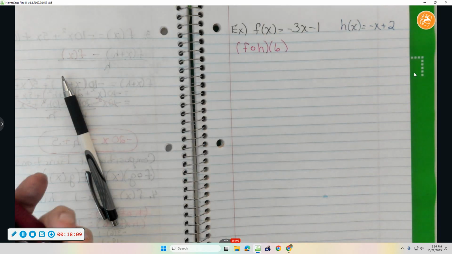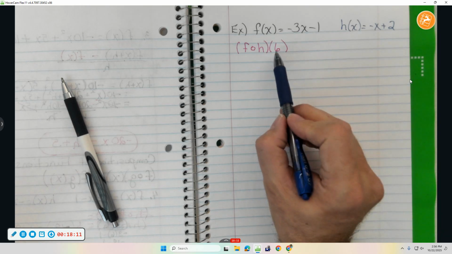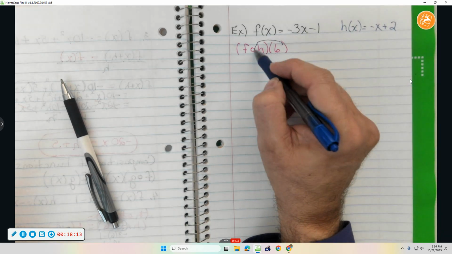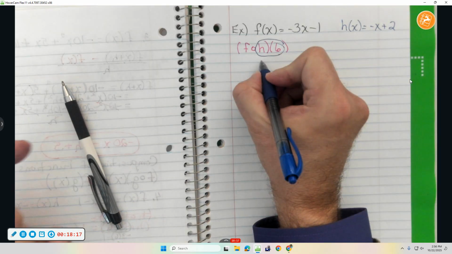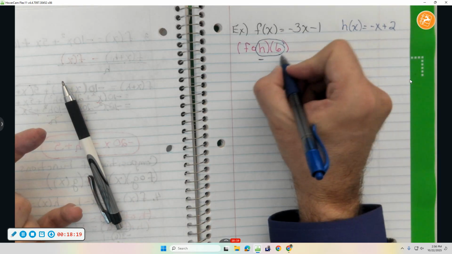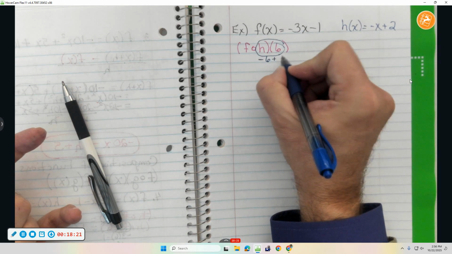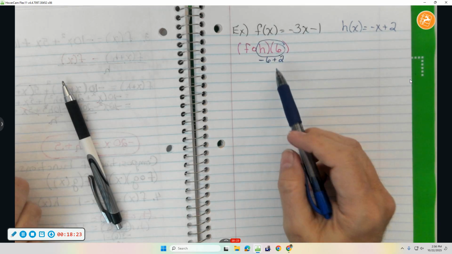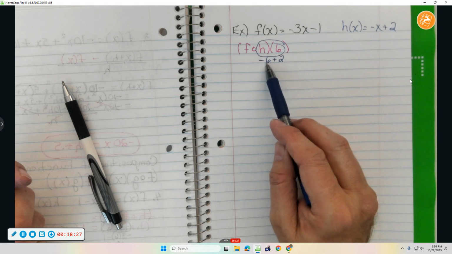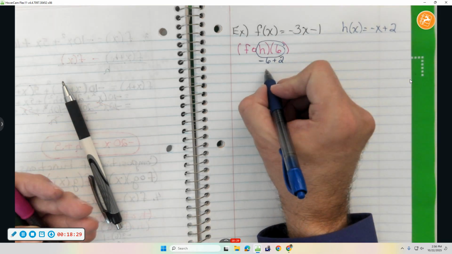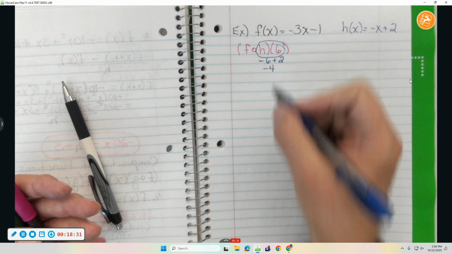Now we take the 6, plug it into H. So we have a negative 6 plus 2. When I plug the 6 into H, what am I getting? Negative 6 plus 2, negative 4. Mm-hmm.